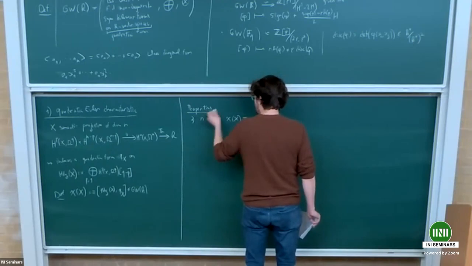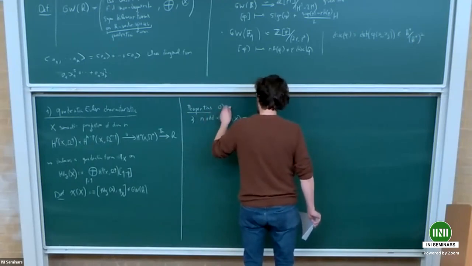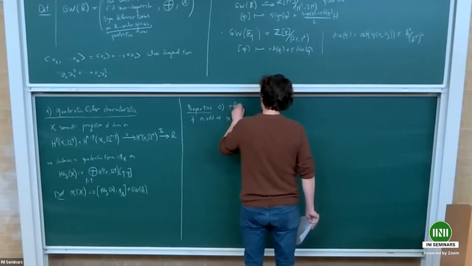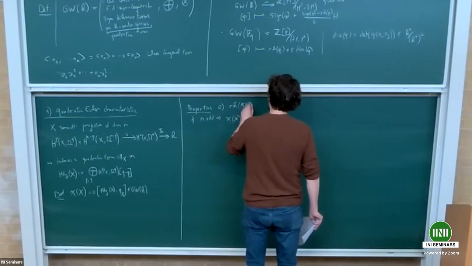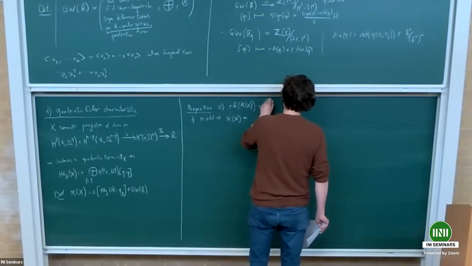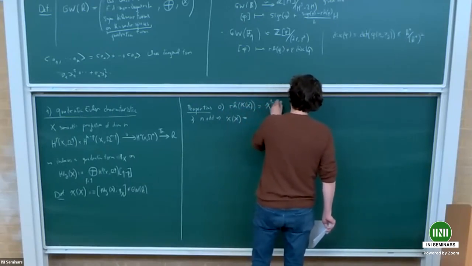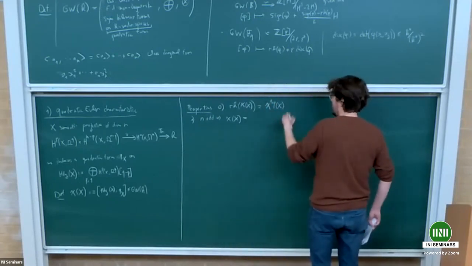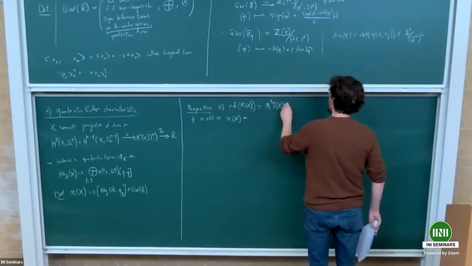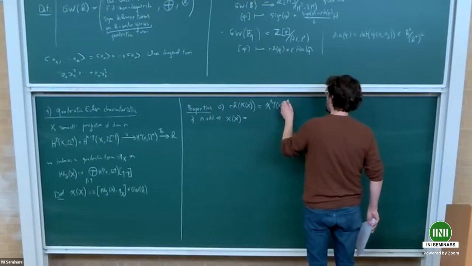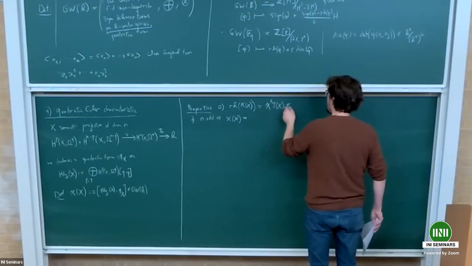And sorry, actually maybe it's better to start with property 0. Somehow the rank of this is the topological Euler characteristic, which you can define, if you're over C, or if you have a complex embedding, as the Euler characteristic of the complex points, but you can also define it in general using l-adic cohomology.